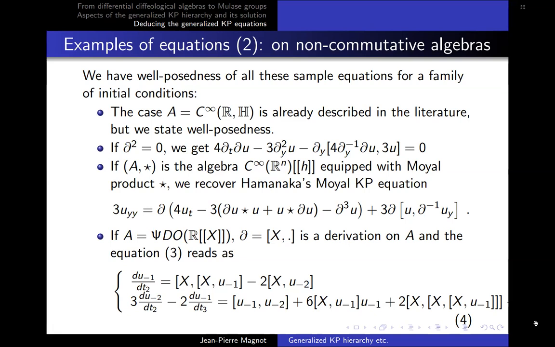they give non-linear equations, but with our work we can state now well-posedness again. If you consider a non-commutative algebra, but a derivation which is an exterior derivation, that is d square equal to 0, then we have, let's say, a simplification, even if the equation is not so simple, with a bracket.